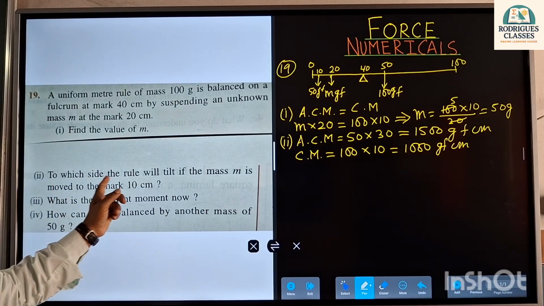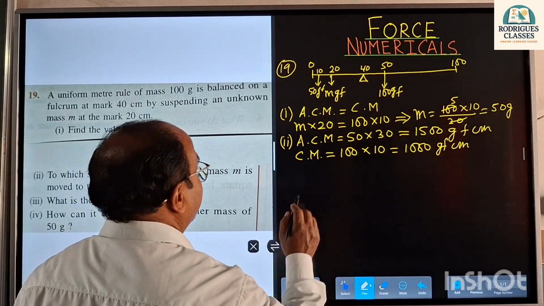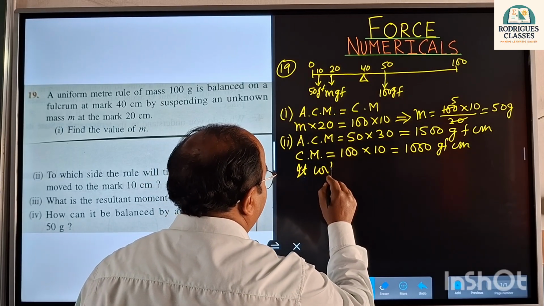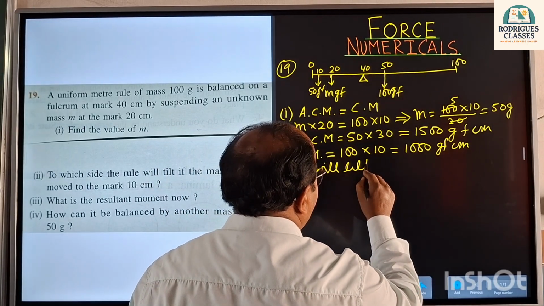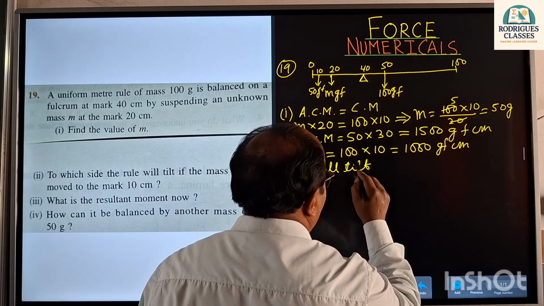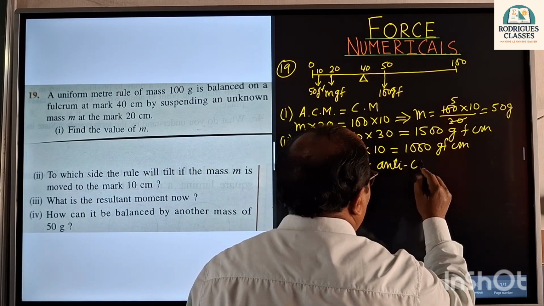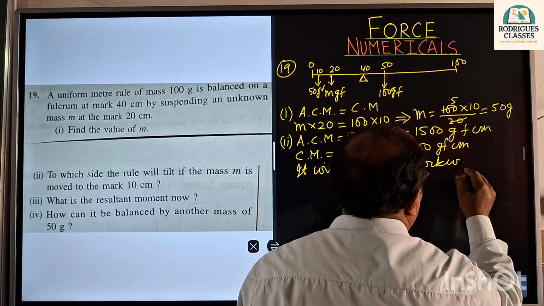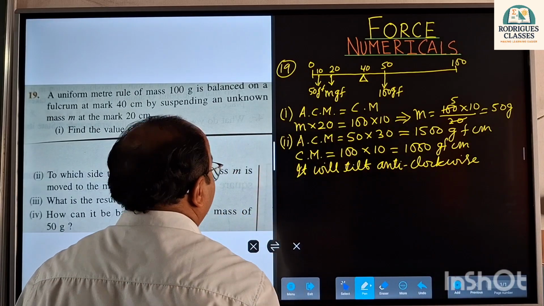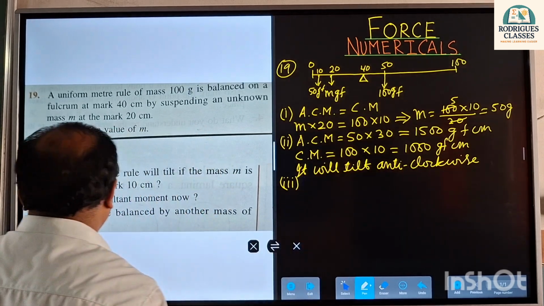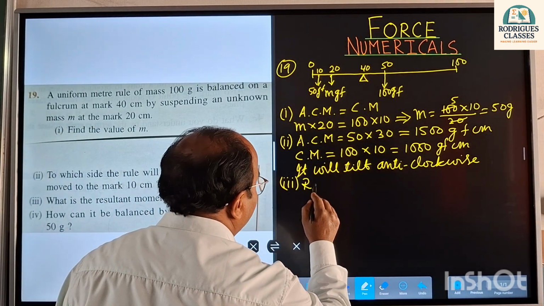So it was asked to which side the rule will tilt. So let us write that answer first. It will tilt anti-clockwise. Okay. Now the third part. What is the resultant moment?